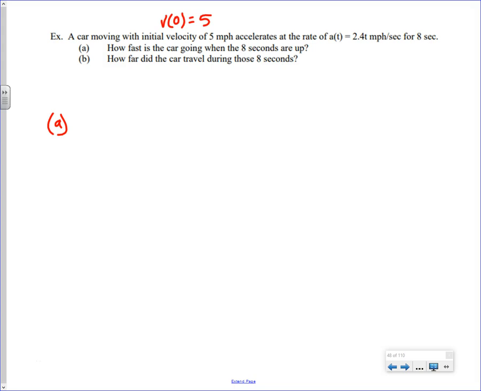Letter A says, how fast? What are we trying to find, guys? A position, a velocity, or acceleration? Good. Find a velocity. How fast is the car going when the 8 seconds are up? So velocity at 8. How am I going to find it? We're going to have to integrate A of t up to the car. Integral gets us change. So we could go from 0 to 8 of 2.4 dt.